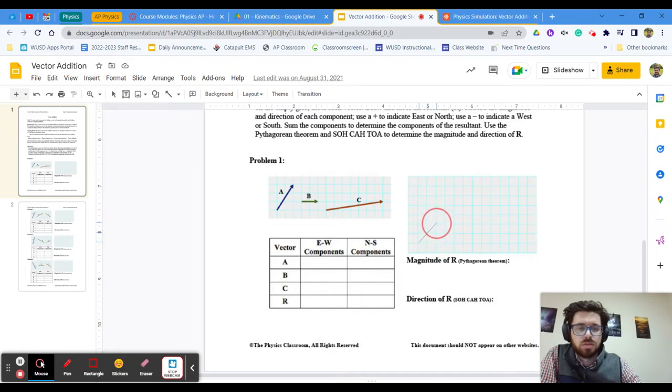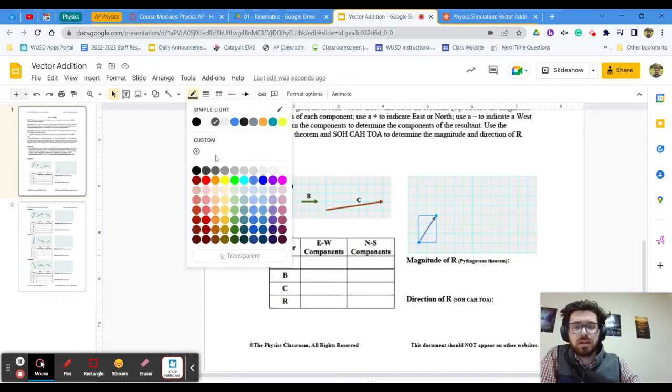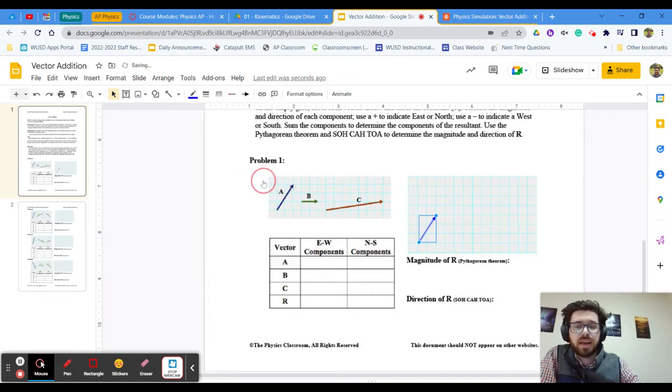So 1, 2, 3. Okay, and that is going to be my vector A. Now, if you want to make your life a little bit easier, you can make it blue. You could also make it a little bit thicker so that you can see it a little bit better. Okay, so we got A.